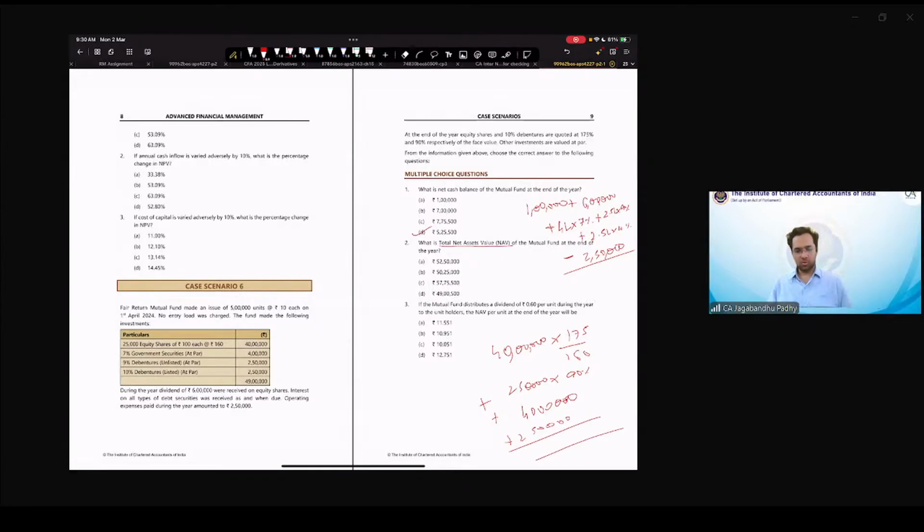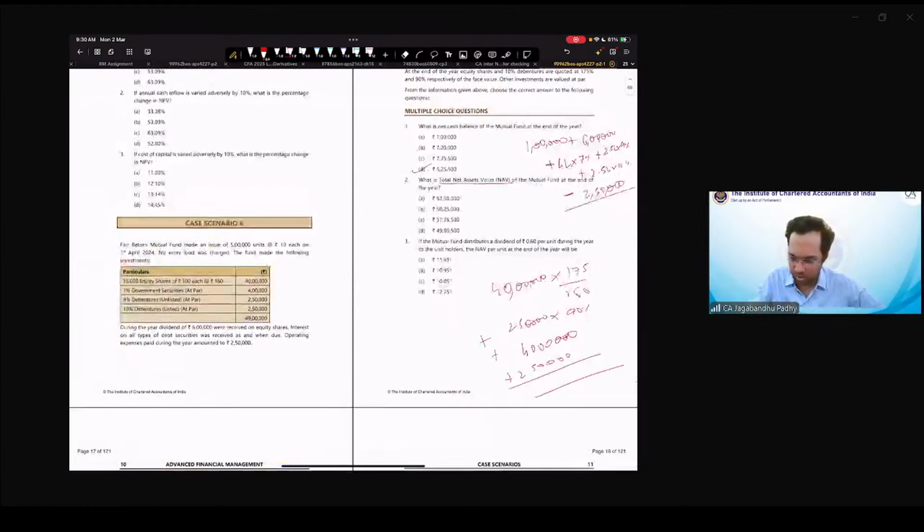And to that we will also add the cash balance of 525,500. So what's the total net asset value?